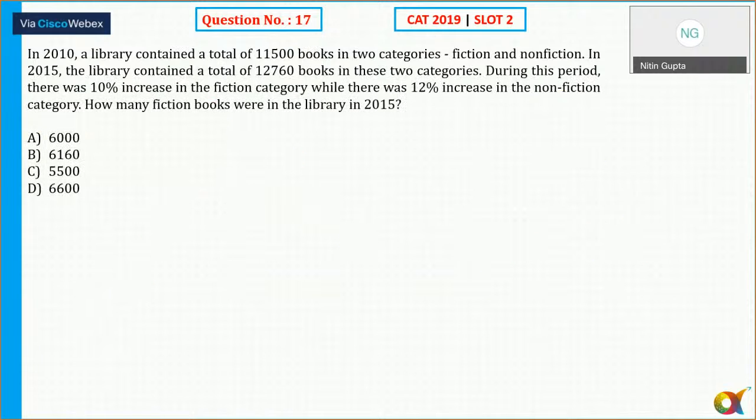Question 17. In 2010, a library contained 11,000 books. Okay. And in 2015, fiction plus non-fiction, that is equal to 11,500. In 2015, the library contained a total of 12,706 books.